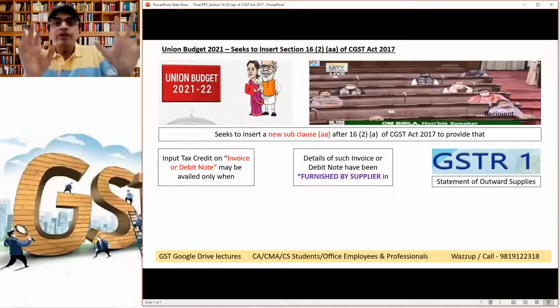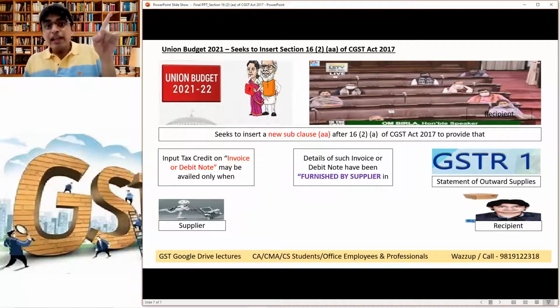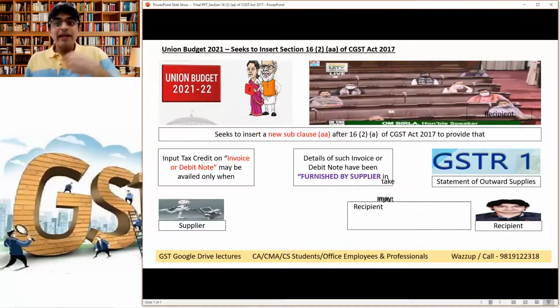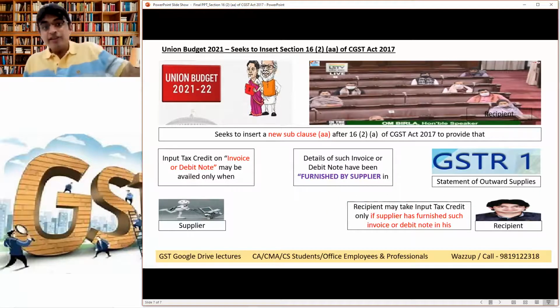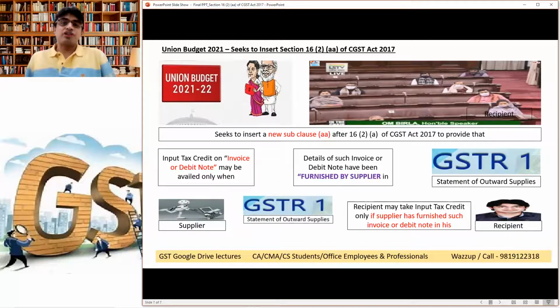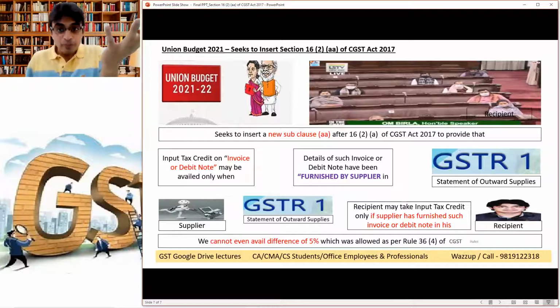So we are left at the mercy of the supplier. Unless and until the supplier who has sold goods or services to me files GSTR 1, I cannot avail ITC. So the buyer can avail ITC on any invoice or debit note only when the supplier has filed GSTR 1. The 5% difference that Rule 36 sub Rule 4 used to allow, that difference also you cannot take now. They have introduced an exact matching concept.